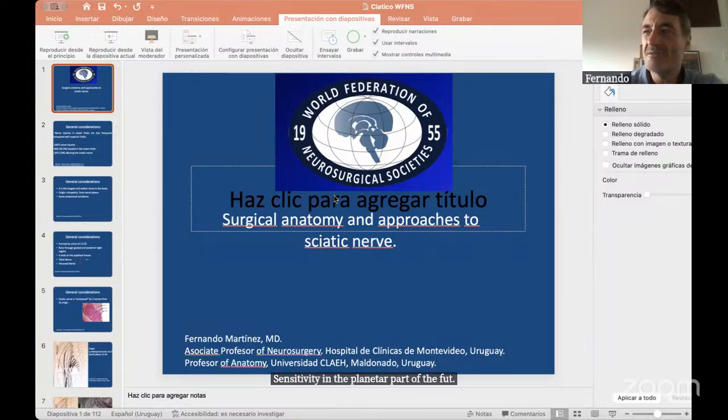I made a sural nerve to posterior tibial nerve transfer in a patient, trying to regain the sensitivity of the plantar part of the foot. Just one case.